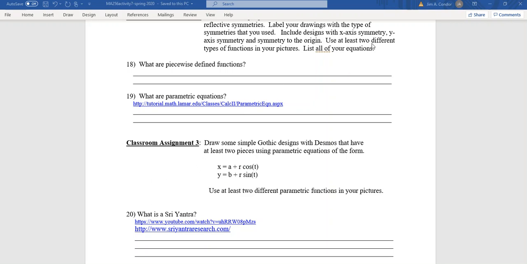So basically, what we're trying to get at here is that in the Cartesian coordinate plane, you have points like (x, y), and you have some function like y equals 2x minus 1.